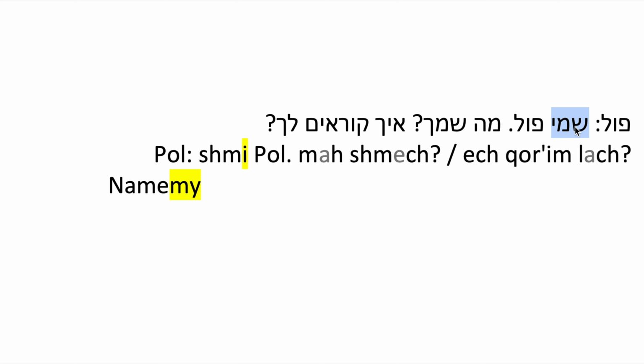You just have to know it, unless of course you use the punctuation marks. Then you can really read it literally. But like I said, in Israel, people don't really use it, and in handwritten writing it's not used at all. So you basically have to know how the words are written.